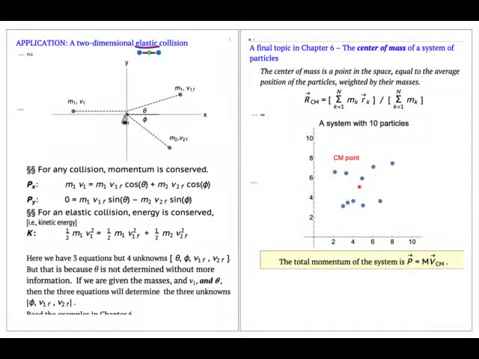So here's particle 2, mass m2, and let's suppose it's initially at rest. And here's particle 1, and it's initially coming in towards the collision with a velocity v1. Then they collide. Particle 1 goes off at some angle theta, and this is called the scattering angle.